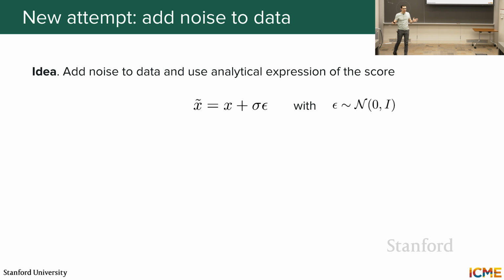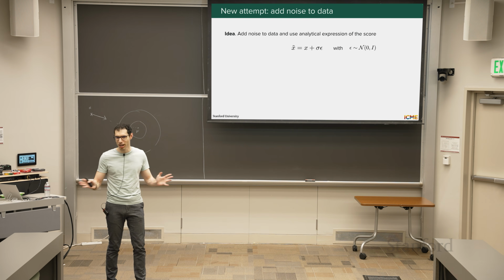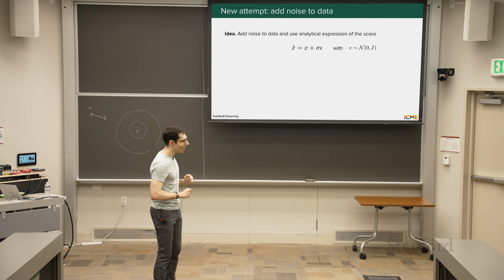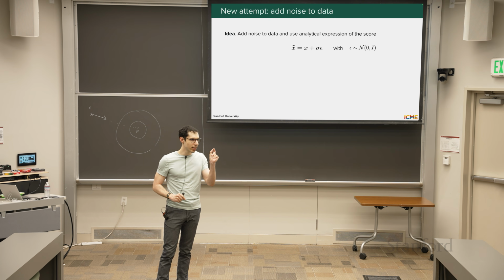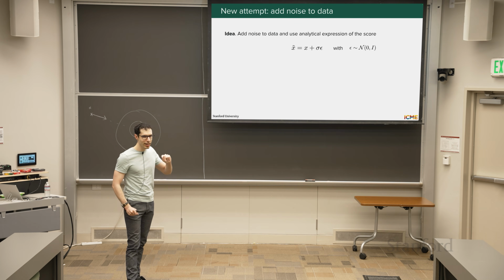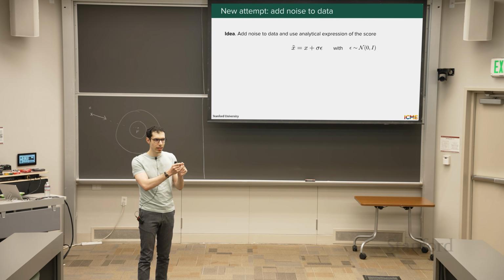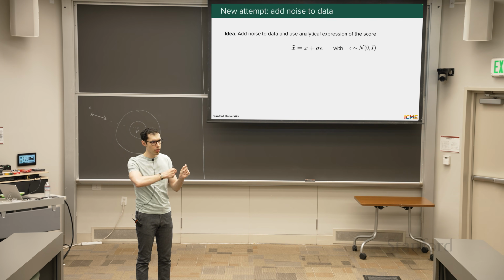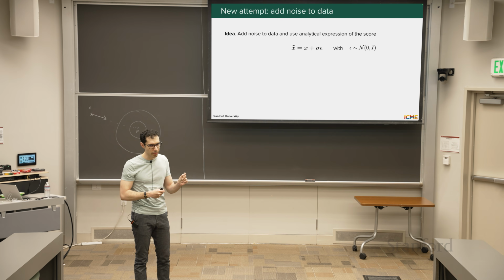Back to our original goal: we want to find a way to compute the score of a distribution. And we saw that computing the score of a Gaussian distribution is easy. So how about we take one point from our training set, and we noise it. Let's suppose we're given x from our training set, and we add some Gaussian noise scaled with sigma.